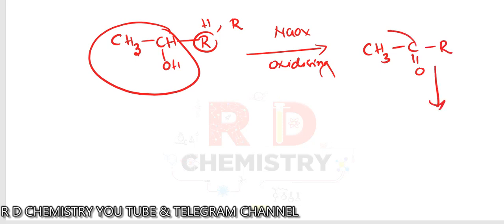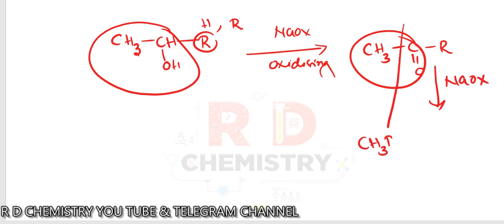Then this is a methyl keto compound we are going to get. It can further react with the sodium hypohalite to finally break the carbon-carbon bond. We get CHI3, iodoform in the case of the iodoform reaction, plus the sodium salt of the carboxylic acid. Okay, fine.